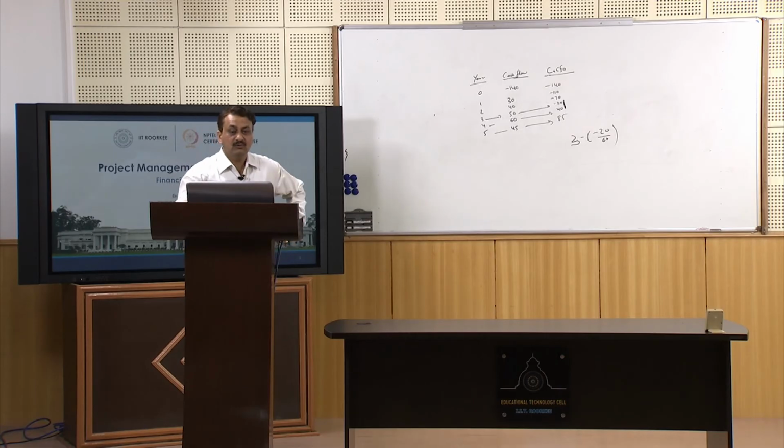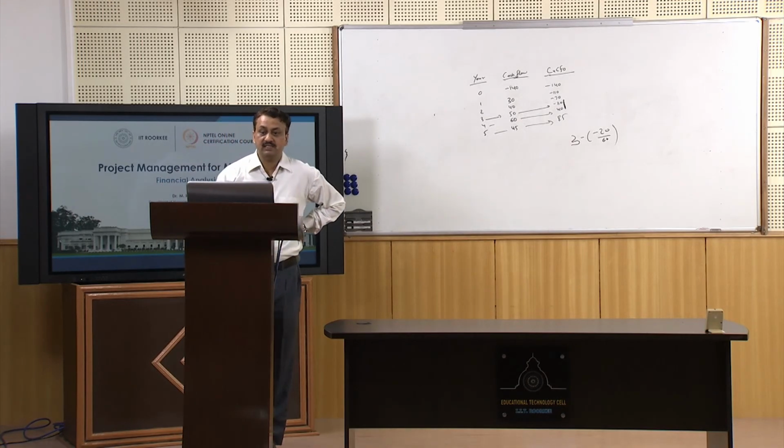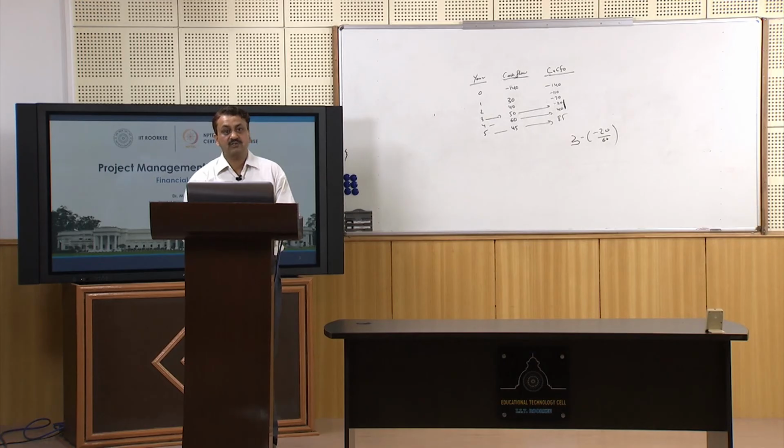So, let us move on to the next method, which is average rate of return. Now, this is better than the previous method because it considers cash flows even after the payback period, and this method also considers working capital and salvage value.